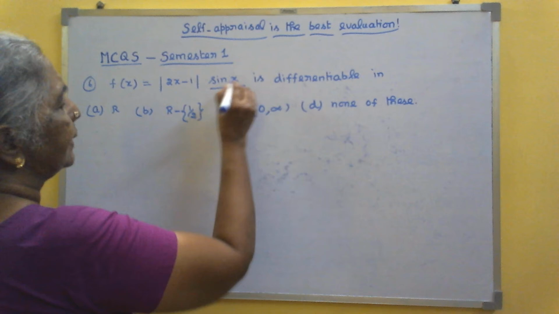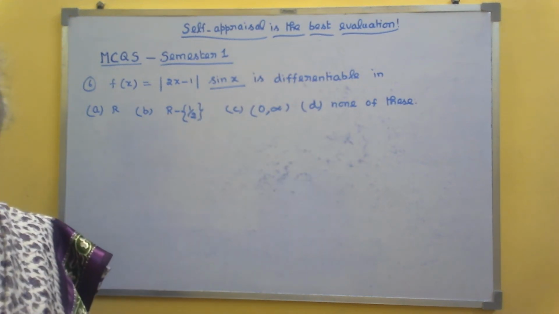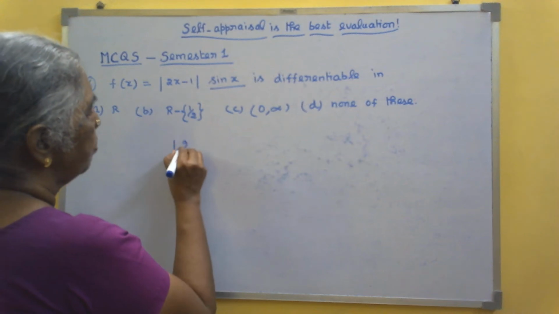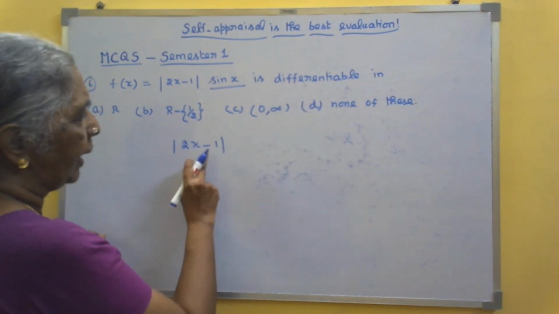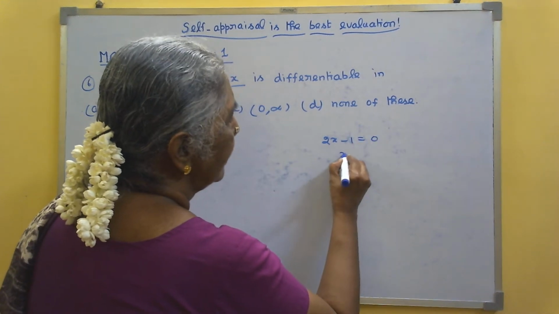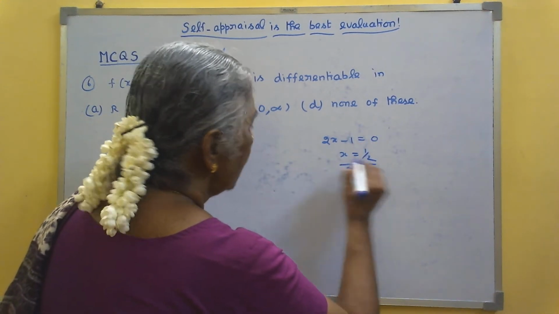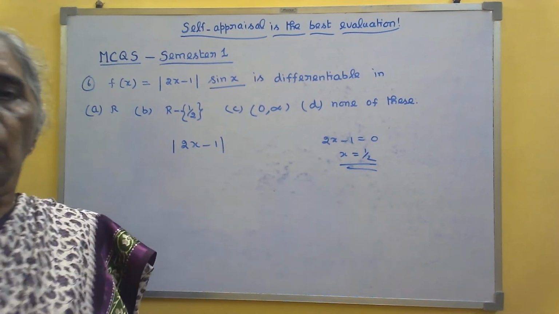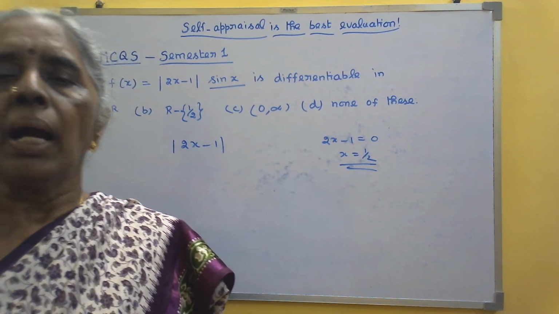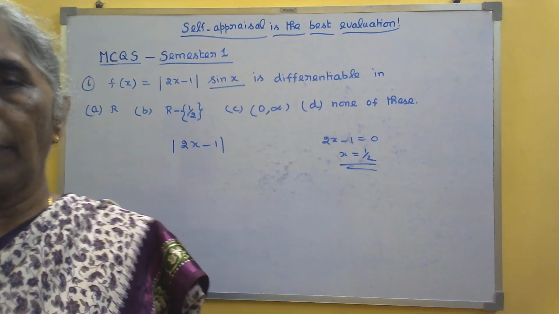Now let us check. Here sin x is there. Now sin x is differentiable everywhere. So no problem. Let us come to this part, that is mod 2x minus 1. Equate what is inside to 0. You will get x is equal to half. So this function is not differentiable at x is equal to half. Otherwise it will be differentiable.